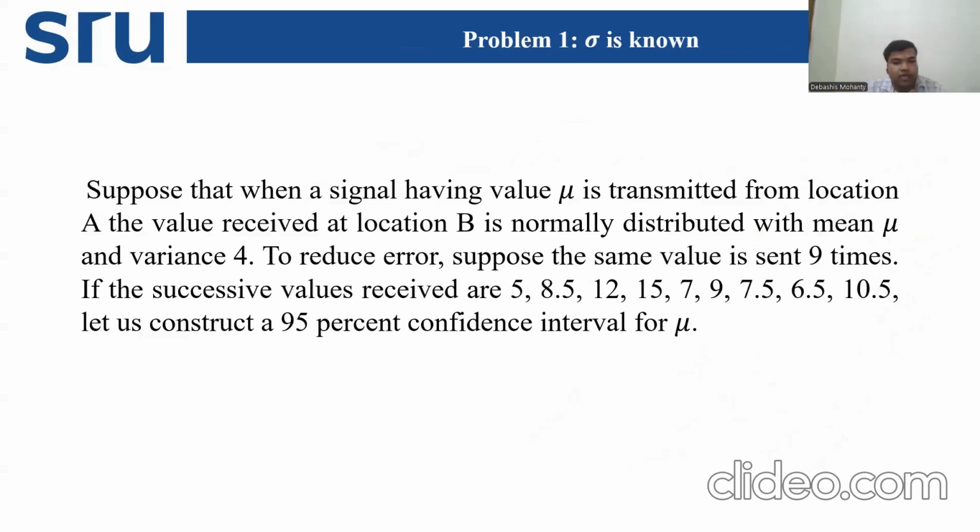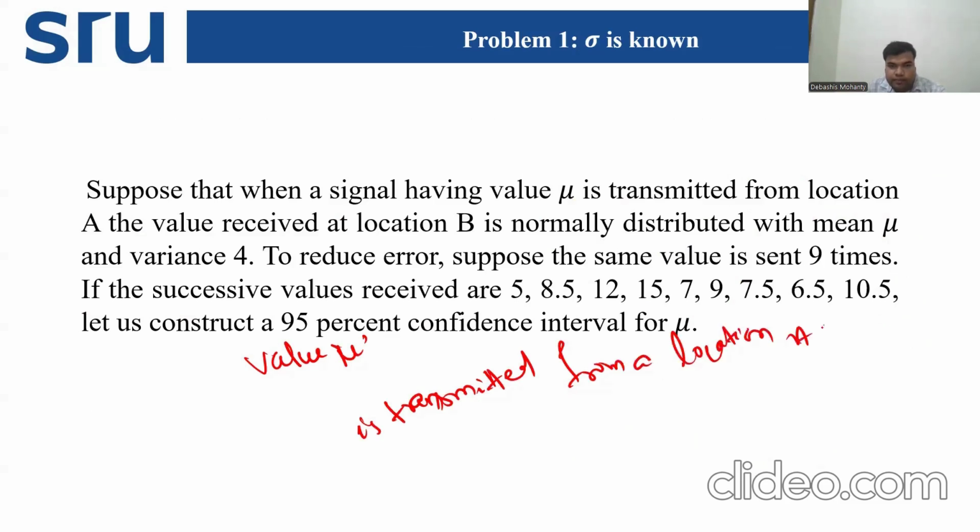Next, coming to problem one, that is very important. From the question, you have to identify which distribution we have to apply, so try to read the question very carefully. Suppose that when a signal having value mu is transmitted from location A and received at location B, the same value is sent 9 times.